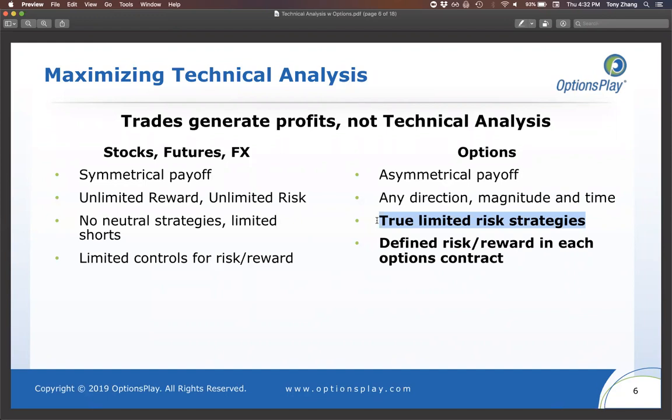And I think that is a big piece of trading that we don't really talk about a lot in many trading circles, because managing your emotions is difficult, and options provide you with a vehicle that makes it a little bit easier. And lastly, you have defined risk reward on each options contract. And again, that speaks to being able to manage your trade once you're in that trade.